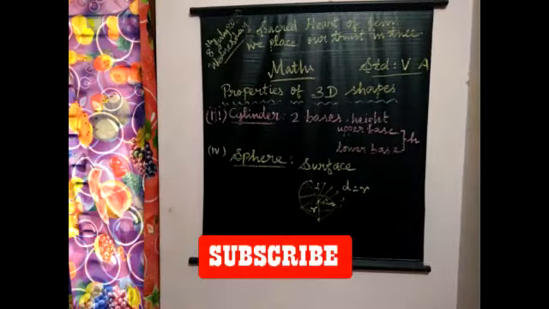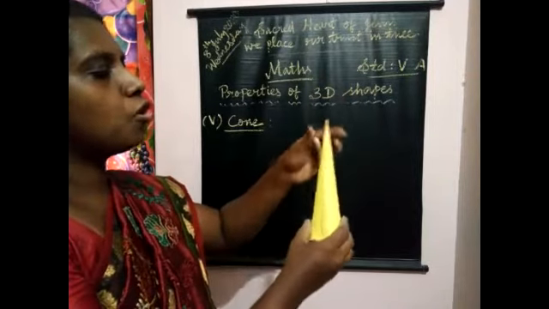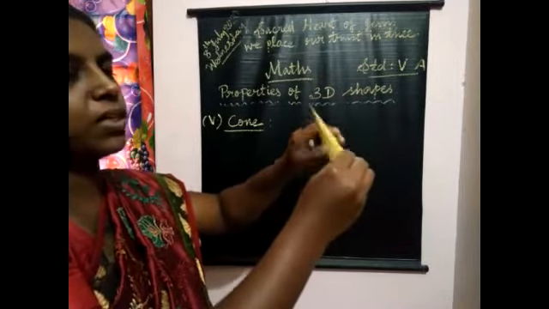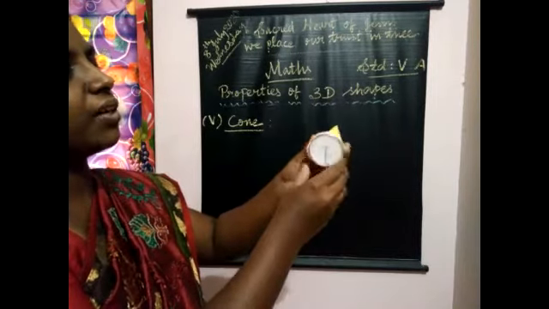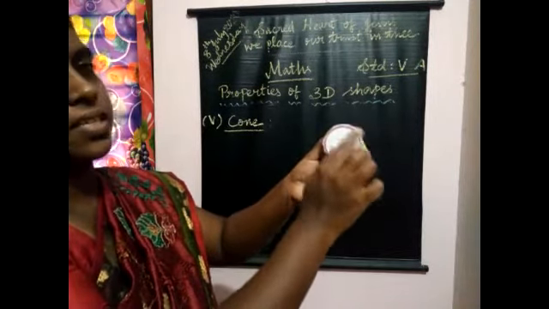And you see here the shape. For a cylinder we have two bases, but for a cone one end is sharpened, and the other end has a base, and this base is a circle.